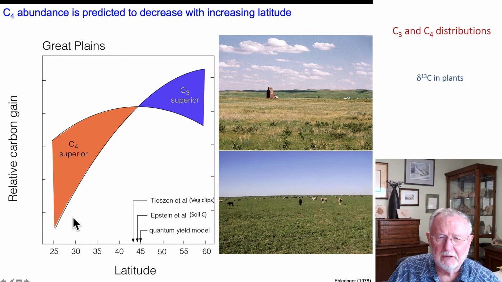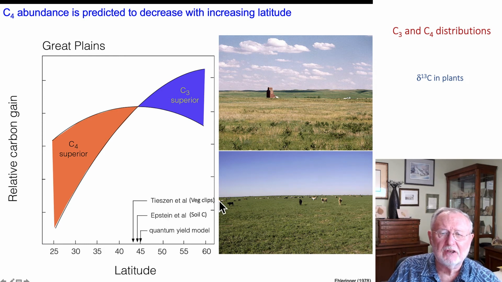The carbon isotope photorespiration model predicts that C4 plants should be superior in lower latitudes, warmer temperatures, and C3 in higher latitudes, cooler temperatures. The quantum yield model predicts a 50-50 trade-off at about 45 degrees.